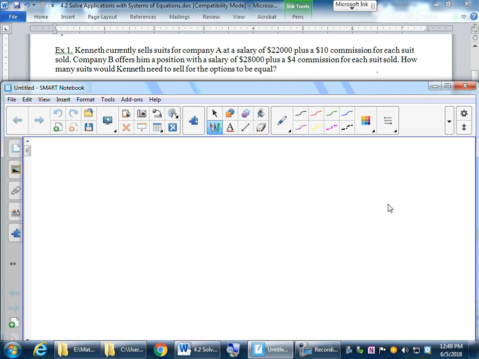So for this case, step 1, let A be equal to the number of suits we need to sell, and let S be the total salary, because that's what we don't know either.